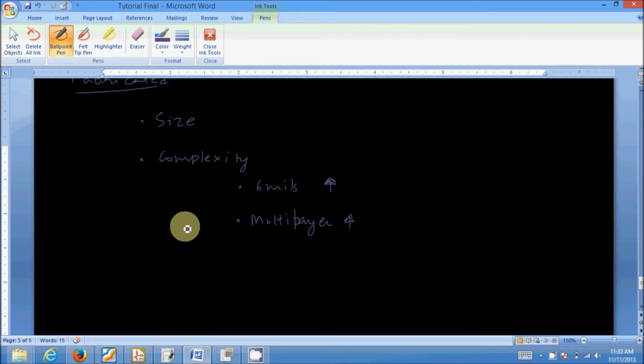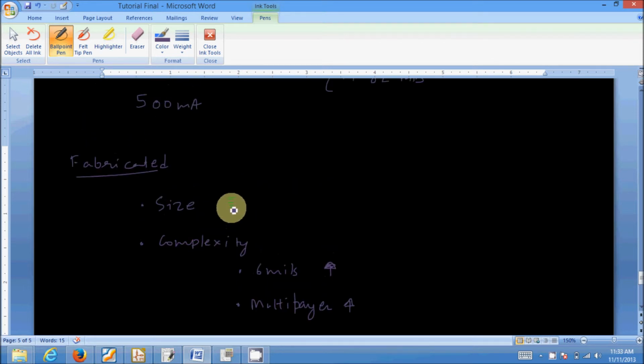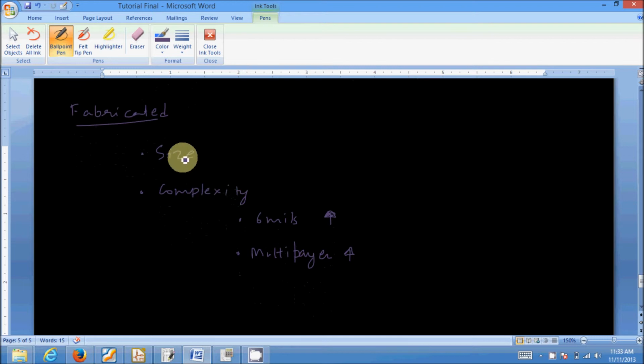Usually these factors determine it, and one more factor that determines whether the PCB should be single layer or multi-layer is the end application. It depends on how much space you have for the board to fit in.